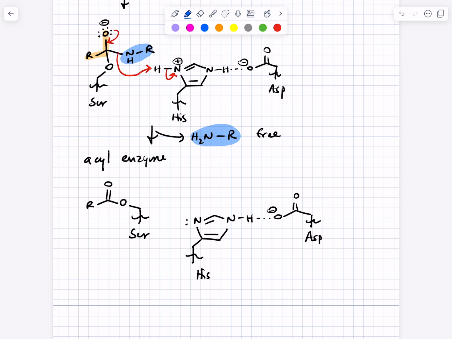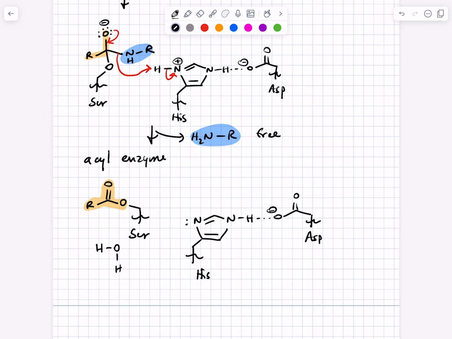So, we're not done yet because we have to release the yellow amino acid and whatever it's linked to from the enzyme. And we're going to do this with water, using histidine as a base to deprotonate water. So, talk me through what's going to happen next.